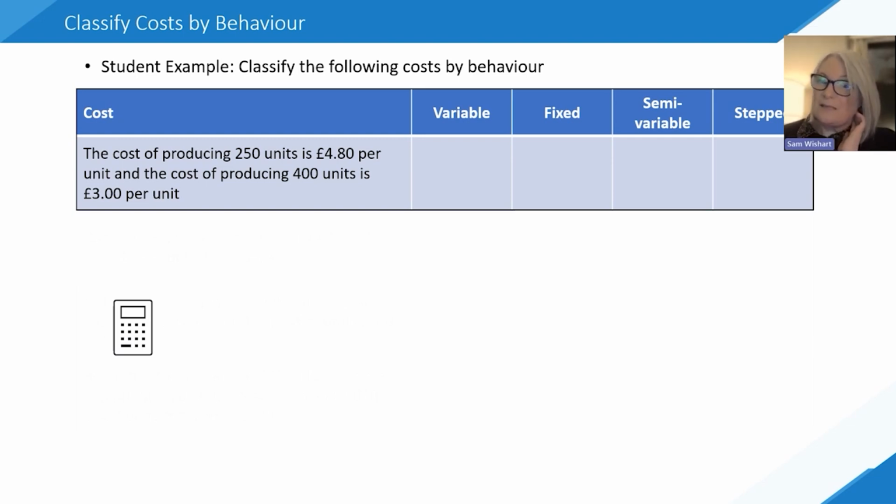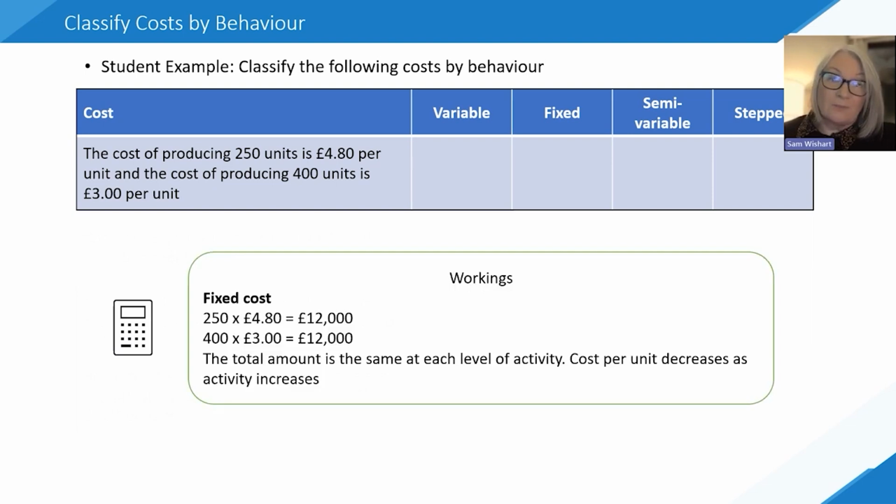However, if you think about semi-variable cost, that cost also goes down, doesn't it? So we can't really tell without doing some calculations what the cost behaviour is here. So let's calculate it out. We know what the cost per unit is, so let's calculate the total cost at each level of activity and then compare it. That will help us to determine what the cost behaviour is.